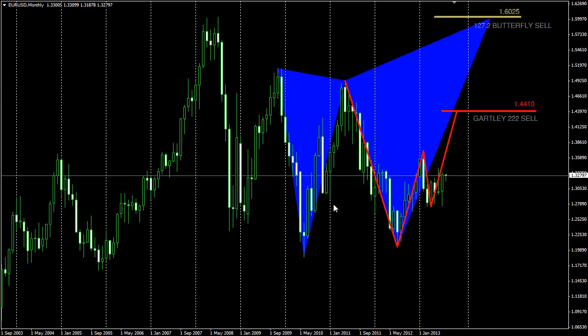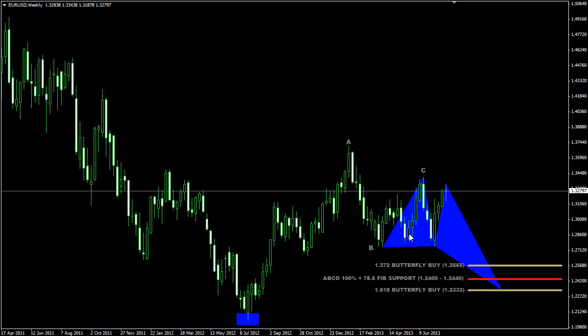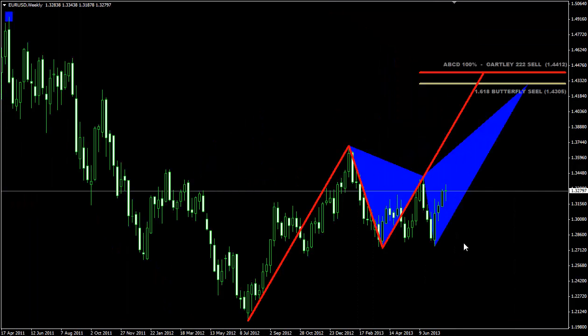Here's the first, and this one is a fractal of this first butterfly. They have the same characteristics of development, and the second one also is a fractal of this one that is in potential development on the monthly time frame. So we have many fractals here, information on the weekly and on the monthly time frame.